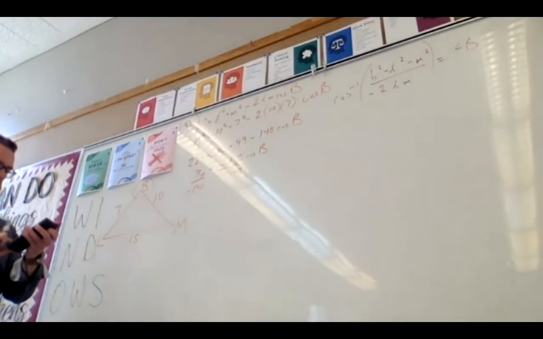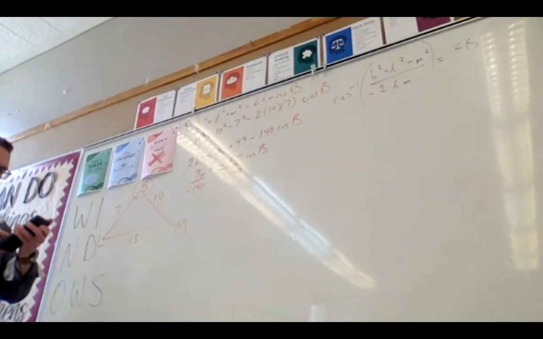225 minus 100 minus 49 is 76, divided by 140.